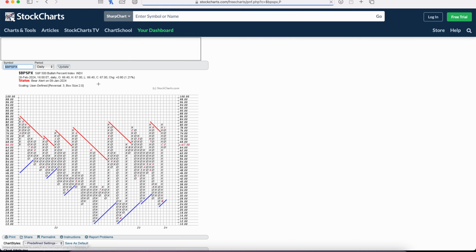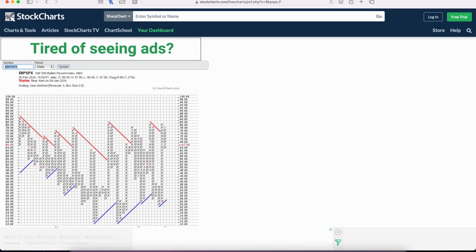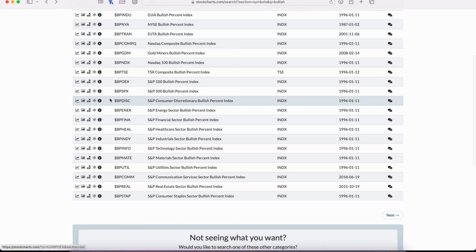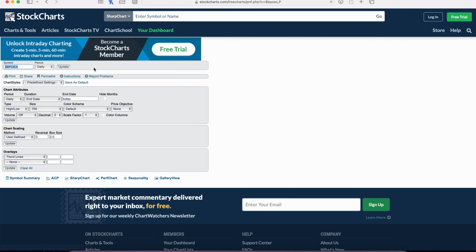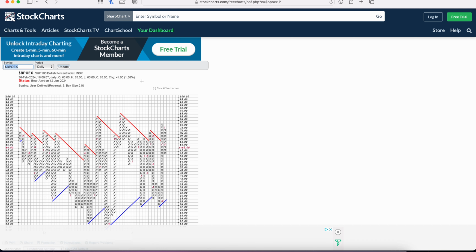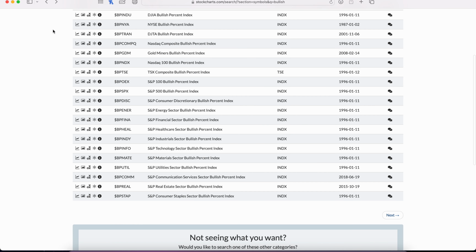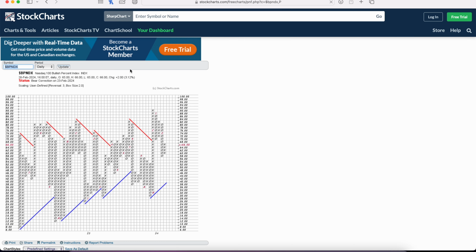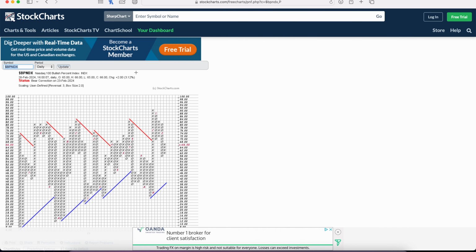The S&P 500 went up by 1.21%. The S&P 100 went up by 1.56%. And the NASDAQ 100 went up by 3.12%.